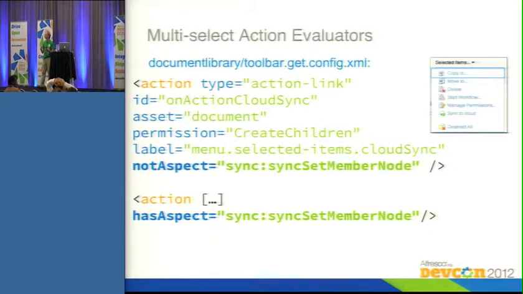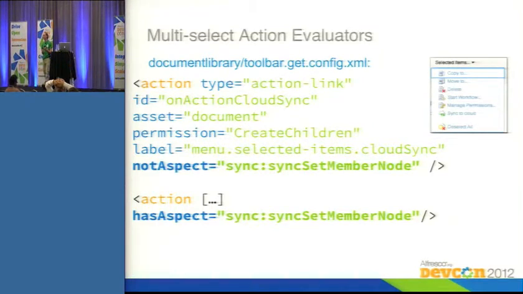And something you can now do with this update is you can say in the config that certain actions are only applicable for nodes with specific aspects. Or you can say if a node hasn't got an aspect, then it can have this action performed on it.